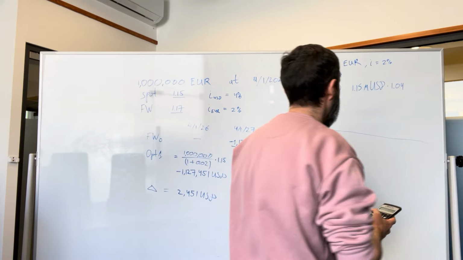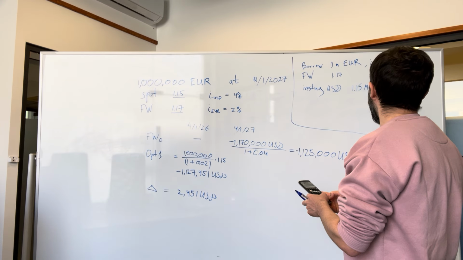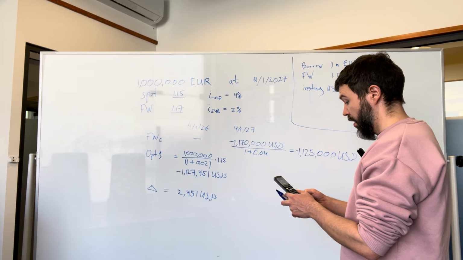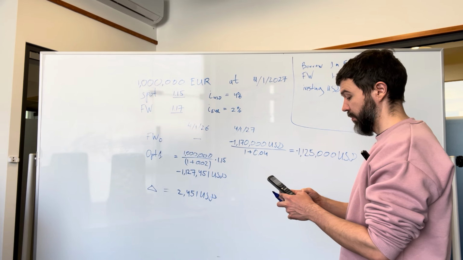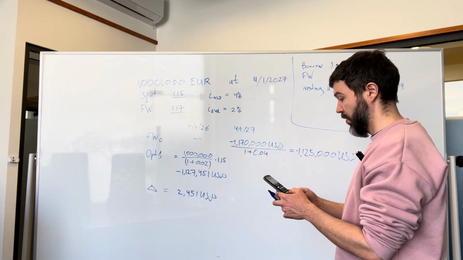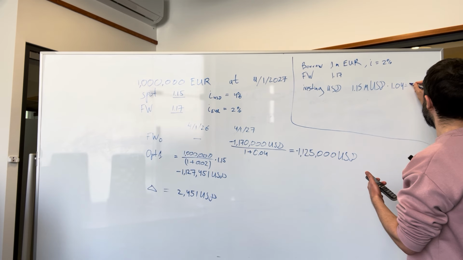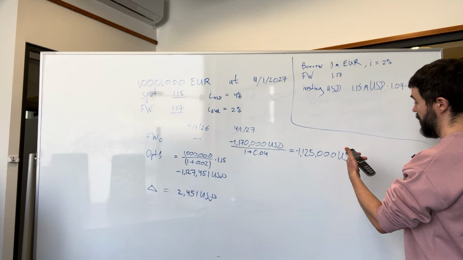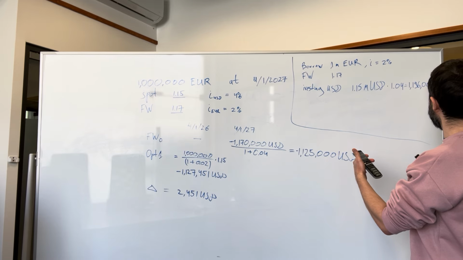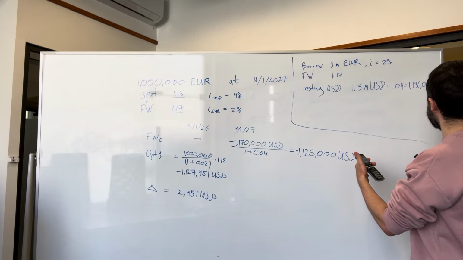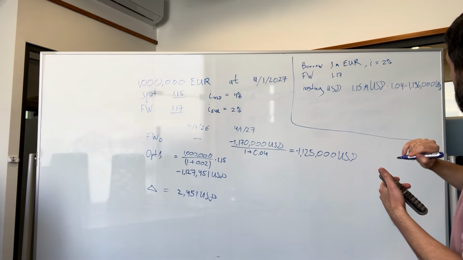What will you have in 1 year's time? You will have 1,170,000 United States dollars multiplied by 1.04. You will have that many dollars, 1,216,800 USD. Nice.